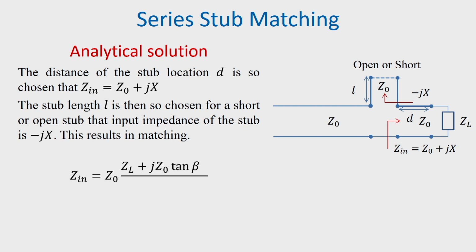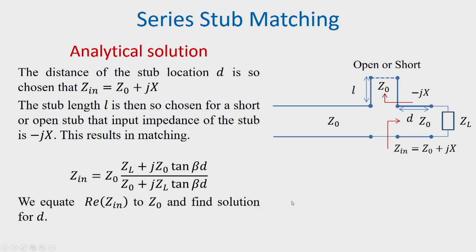Now, we know that the input impedance Zin can be written as Z0 (ZL plus jZ0 tan βD) divided by (Z0 plus jZL tan βD). And what we do?